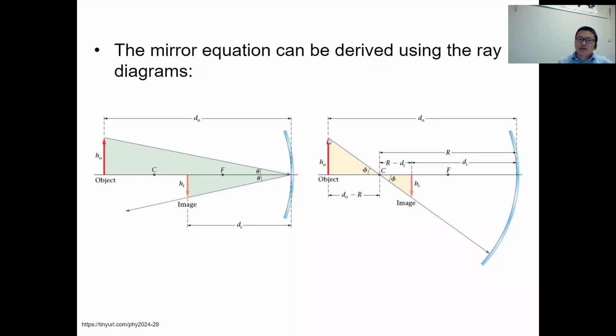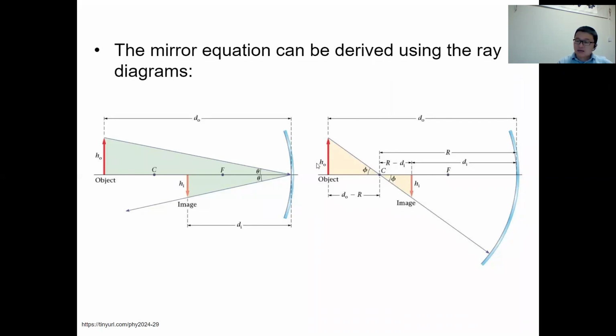Also, if you draw a ray coming through the center of curvature, it will get reflected right back. So for this shaded right triangle and this small right triangle, they are similar triangles, because this phi and this phi will be the same.